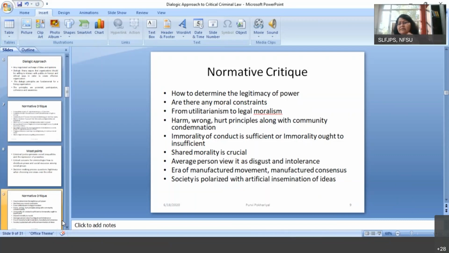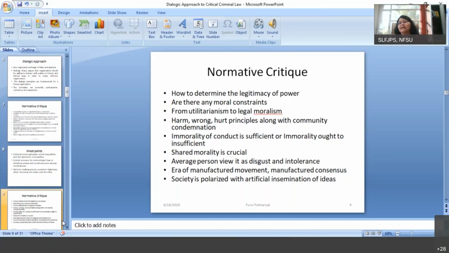Because it's very difficult to assess and determine, because specifically today, we live in the era of manufactured movement. As we all know, Noam Chomsky: we live in the era of manufacturing consent, manufactured consensus, and society by and large is polarized with the artificial insemination of ideas.